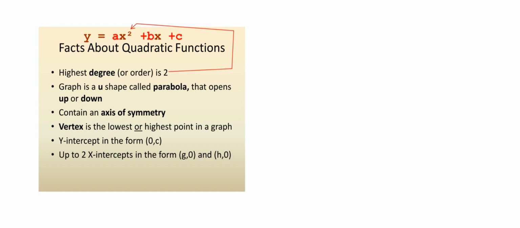The vertex is the lowest or highest point on the graph. The y-intercept is in the form 0, c. It has up to 2 x-intercepts in the form g, 0 and h, 0.